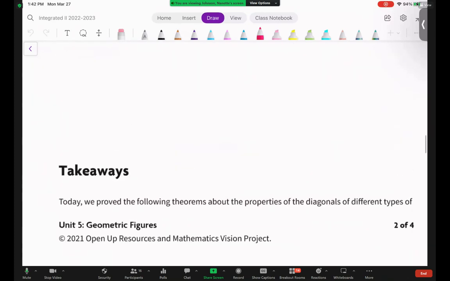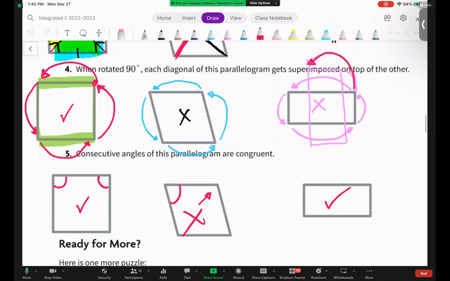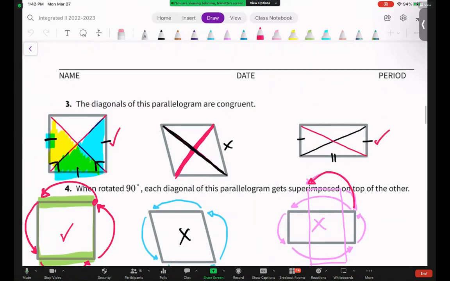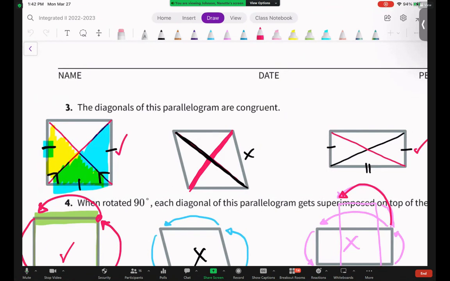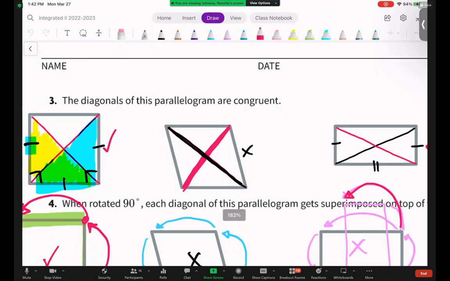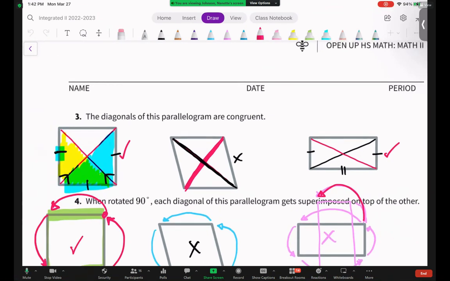Okay, let's see what else. What else do you know about the diagonals? That's not diagonals. Oh, here. What's this one about? Whose diagonals are congruent? Very good, the squares.